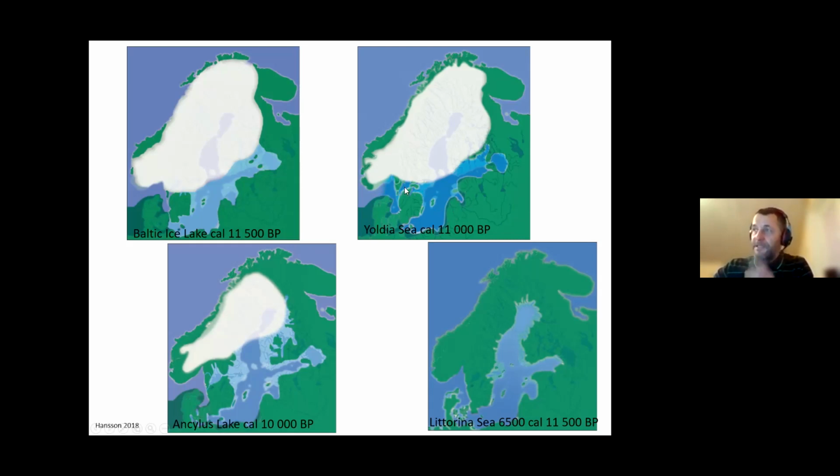This is nowadays Swedish territory, and this means that it was still cold because the ice cap was here, but also, due to the connection to the sea, there were saline conditions. And as you can see, some areas of the contemporary Baltic Sea are still under ice.